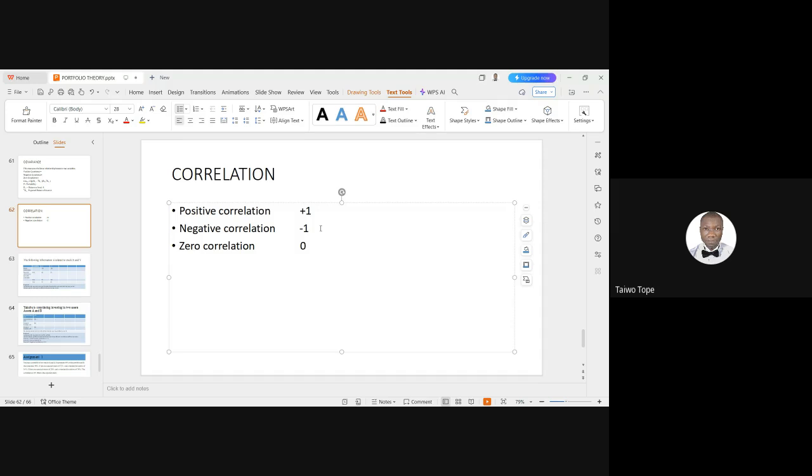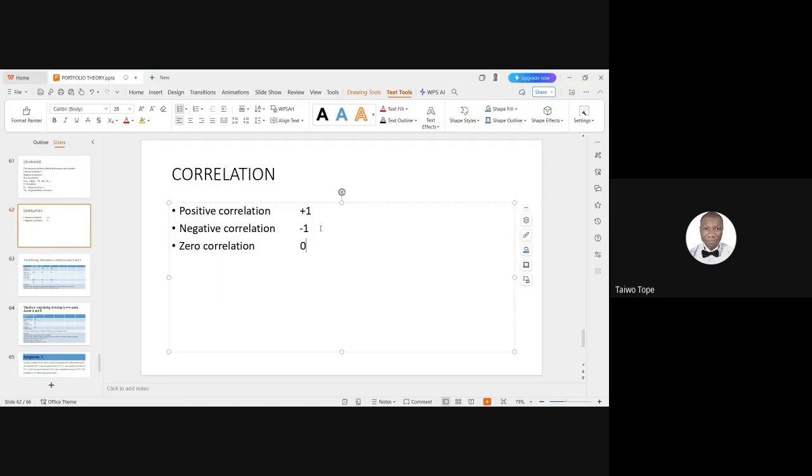So zero correlation occurs when there is no relationship between securities in a portfolio, and the result you get will be zero. In a question, you can be given the correlation value to be +1, -1, 0. Then the examiner will want you to test what the portfolio risk is if the correlation is +1, if it is -1, if it is -0.5, if it is 0.5, and so on.